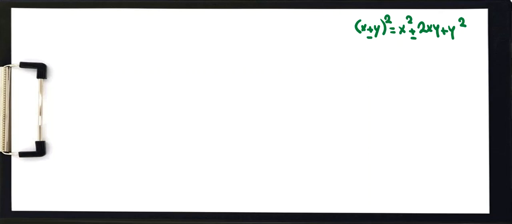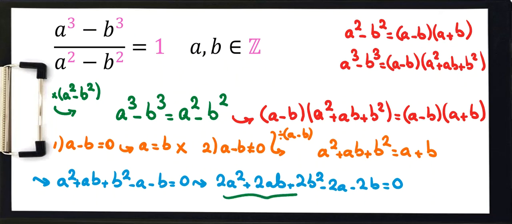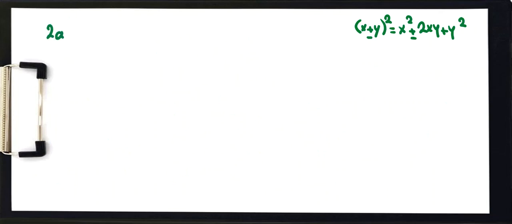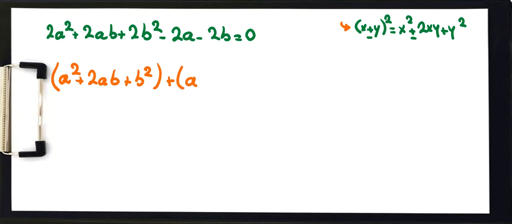So from the previous page, we have 2a squared plus 2ab plus 2b squared minus 2a minus 2b equal to 0. Now we want to use the identity we've learned here. So I write it as a squared plus 2ab plus b squared, one part, plus a squared minus 2a plus 1, plus b squared minus 2b plus 1.